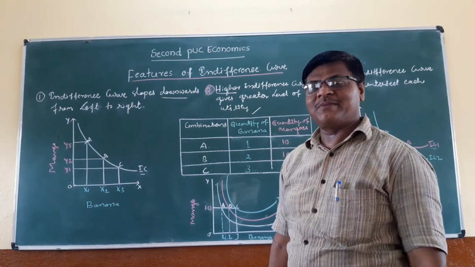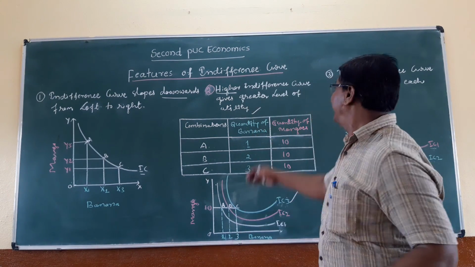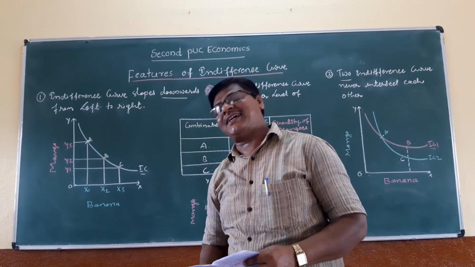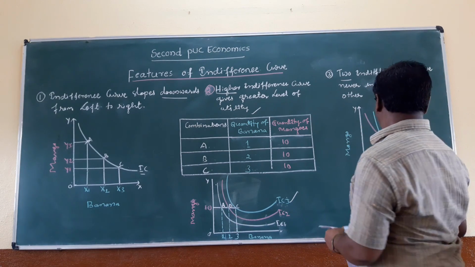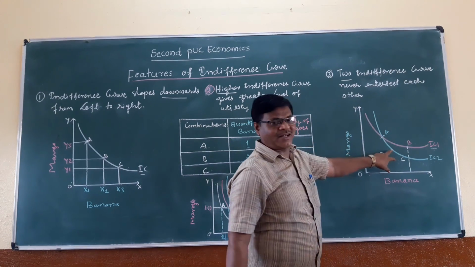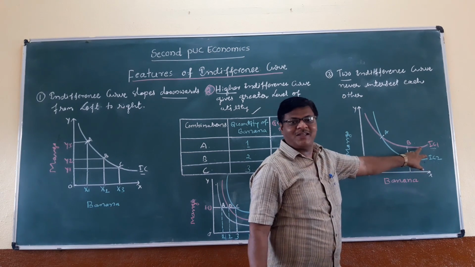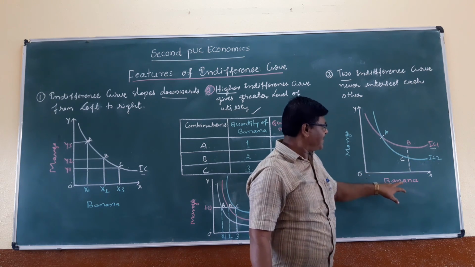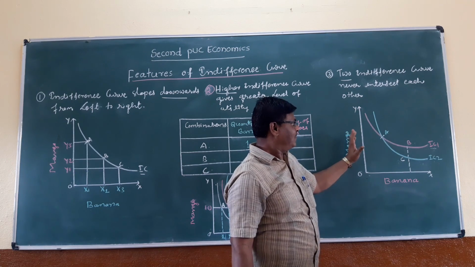And number 3, the third property, or third feature, of indifference curves is that two indifference curves never intersect each other. You can see the diagram. There are indifference curves IC1 and IC2. The OX horizontal line measures bananas and the OY vertical line measures mangoes.